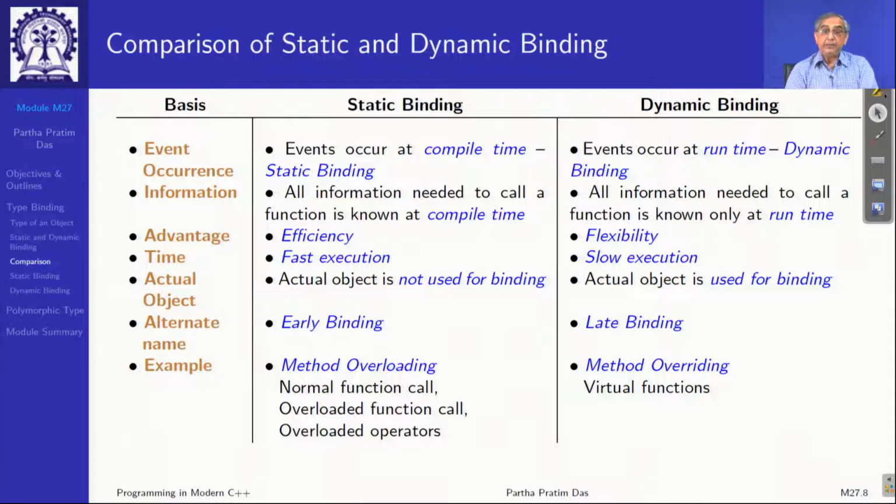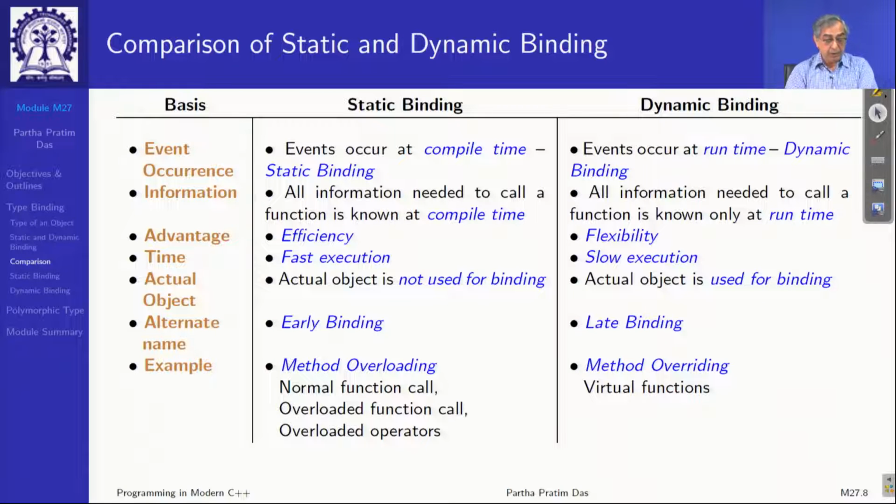As we will see, static binding is efficient for any function call, dynamic binding is flexible, but not as efficient. Naturally, static binding has faster execution compared to dynamic binding. In static binding, the actual object is not used for binding, only its type is used, whereas in dynamic binding the actual object is used, because the type of that object at the runtime is what decides the binding.